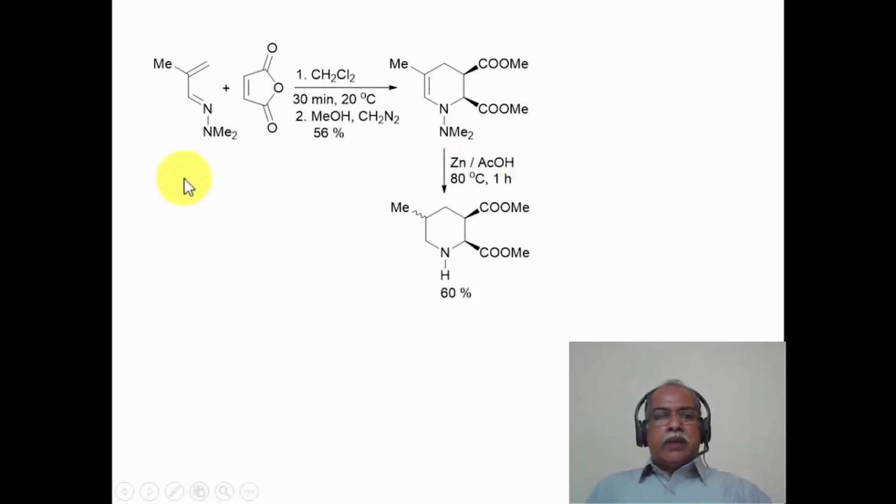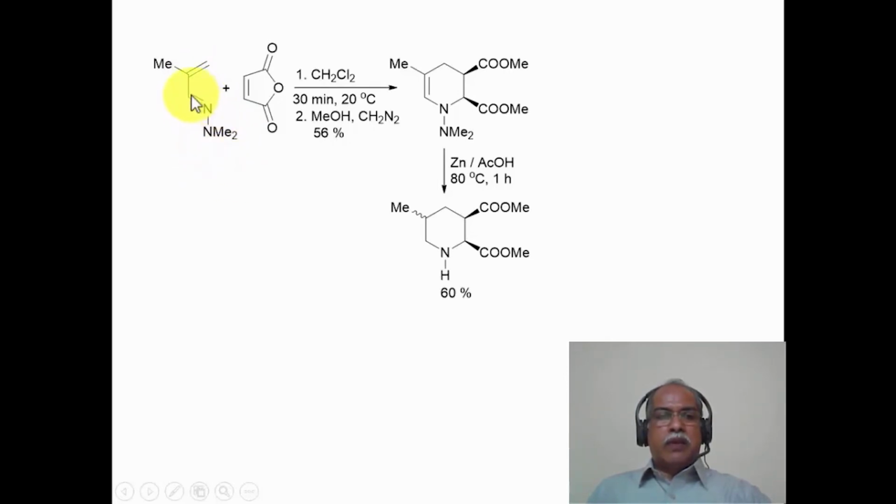Here is an example of a hetero Diels Alder reaction where the diene is having the heteroatom and not the dienophile. Until now we had imine and aldehyde as the hetero dienophiles. Now we are dealing with the Diels Alder reaction where the diene possesses a heteroatom, in this particular case nitrogen. If you look at this derivative, this is nothing but an alpha methyl acrolein, which is the aldehyde, forming a hydrazone with N,N-dimethyl hydrazine, for example.